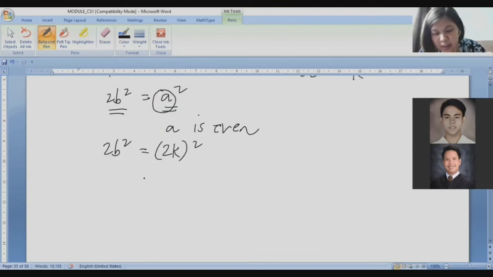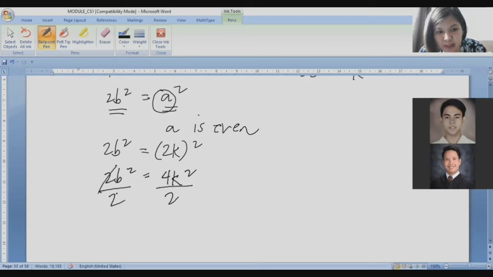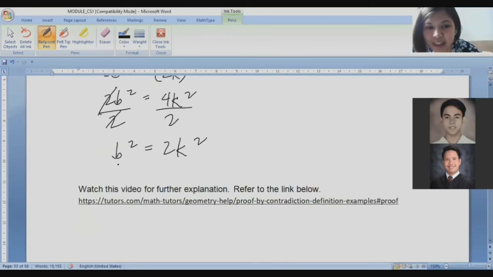So, ngayon, ang mangyayari, 2b squared is equal to 2k squared. 4k squared, di ba? Divide both sides by 2, kasi sinusolve natin dito si b squared. So, cancel na 2. So, b squared is equal to 4 divided by 2, 2k squared. Ano napansin nyo? So, yung b squared, class, ang katumbas niya even, kasi tinatimes sa 2 yung right side eh.